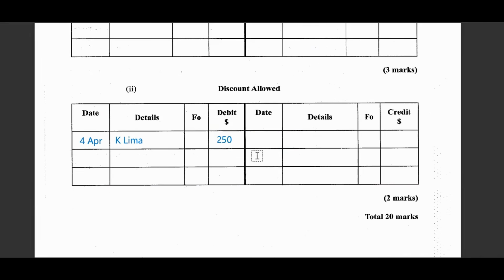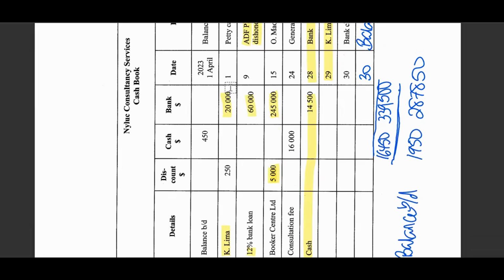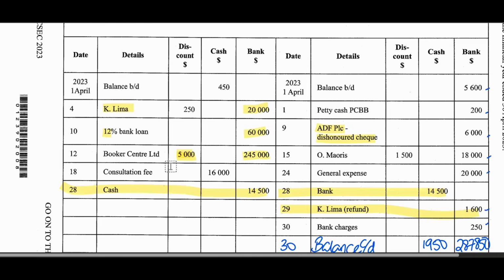And also, if you go way back up, did we give anybody else a discount, guys? I think we did. Have a look back at the question. We gave Booker Center a discount as well of $5,000.